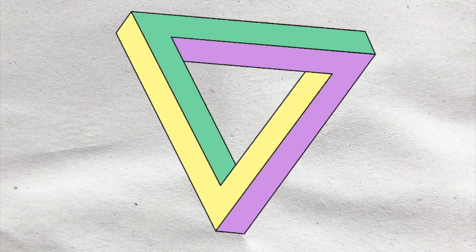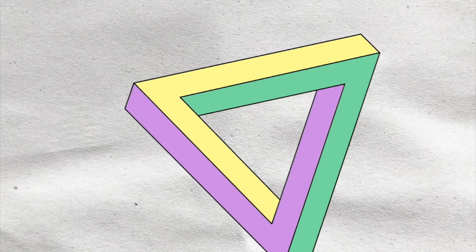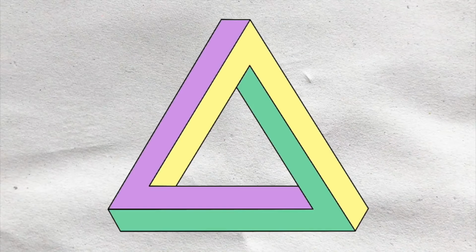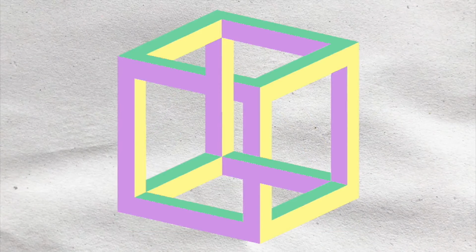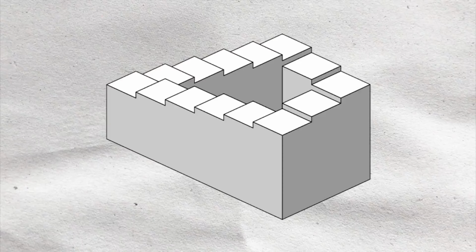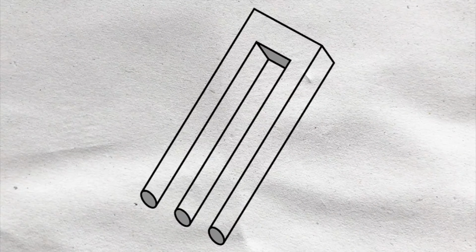Yet, here it is, being represented in a 2D drawing. This triangle, known as the Penrose triangle, is an example of an impossible or unrealizable object. An object that can be drawn or rendered in a two-dimensional manner, but is in fact impossible to make in 3D. So why are we being tricked into seeing something else?